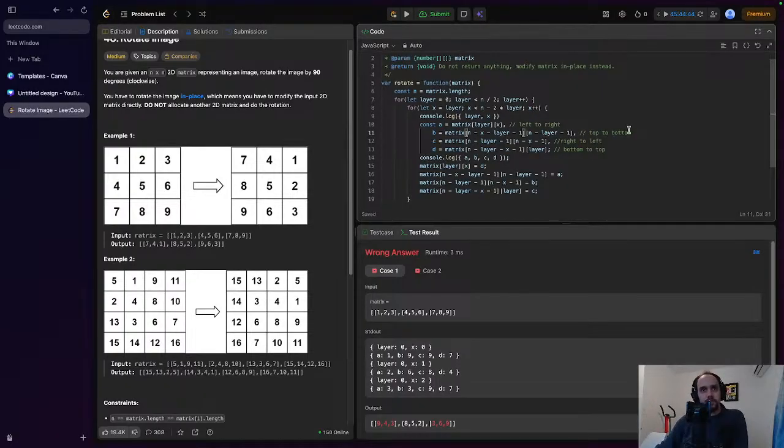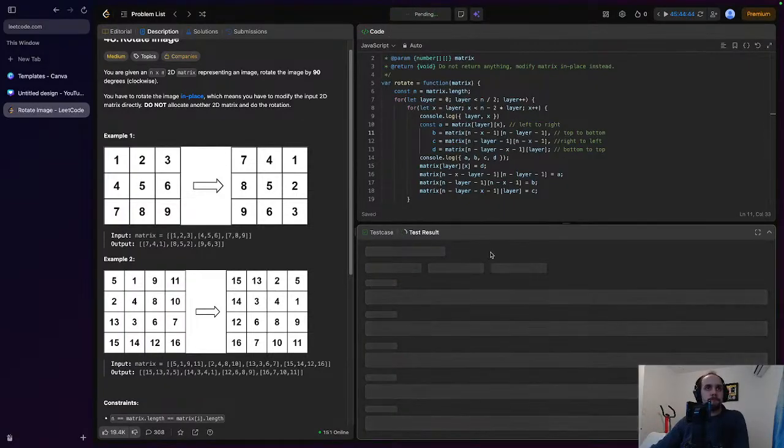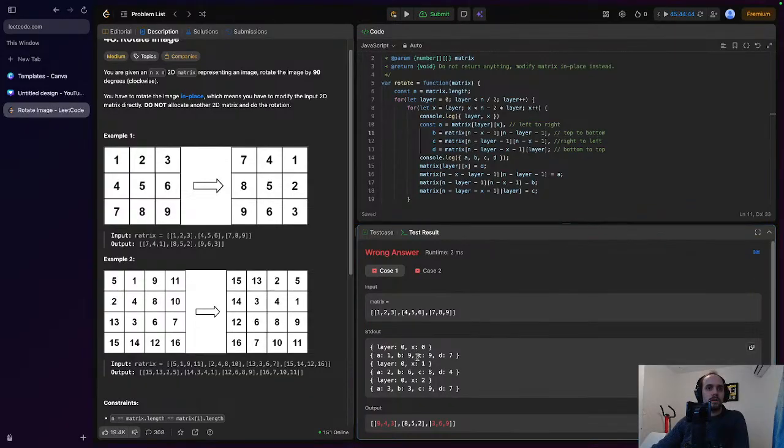B would be n minus 1 minus X minus layer. I don't think we minus layer, we just minus X. Run it again. 1997. 1. So B is still wrong.